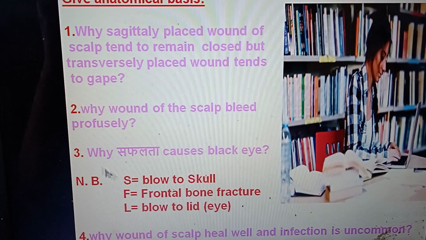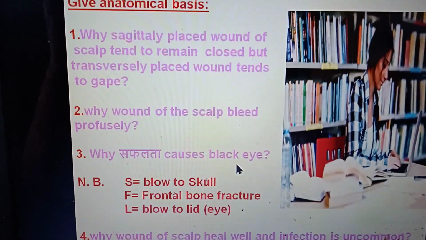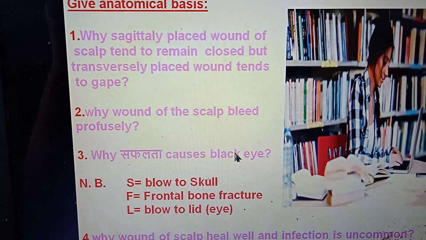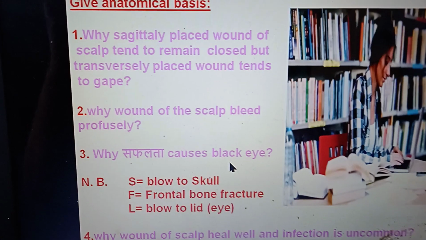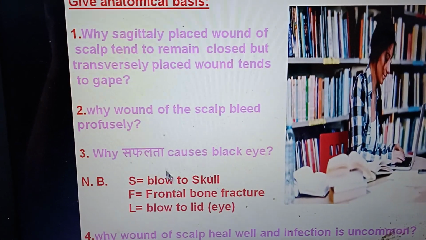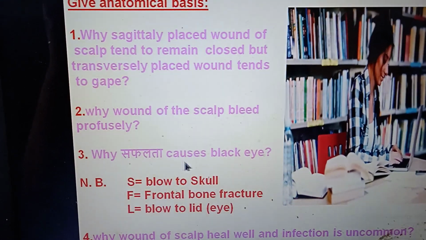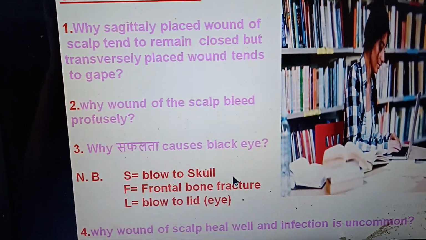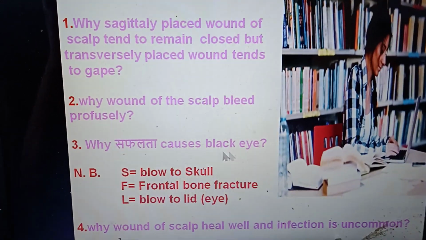Just a mnemonic. So, why does it cause black eye? Because the frontalis belly of occipitofrontalis muscle has no bony attachment. So any extravasation of blood below the aponeurosis will trickle down around the eye. That will result into black eye.